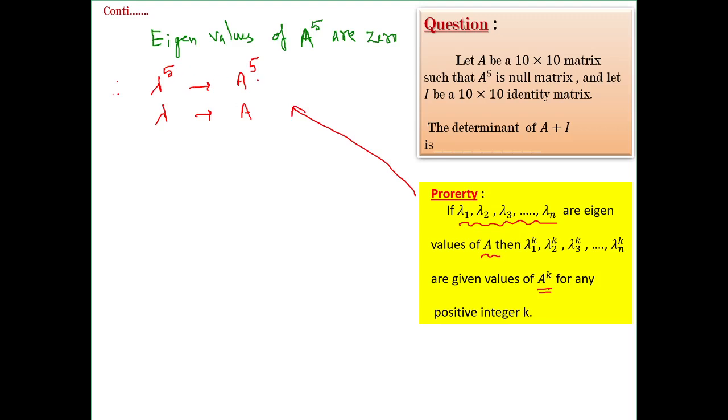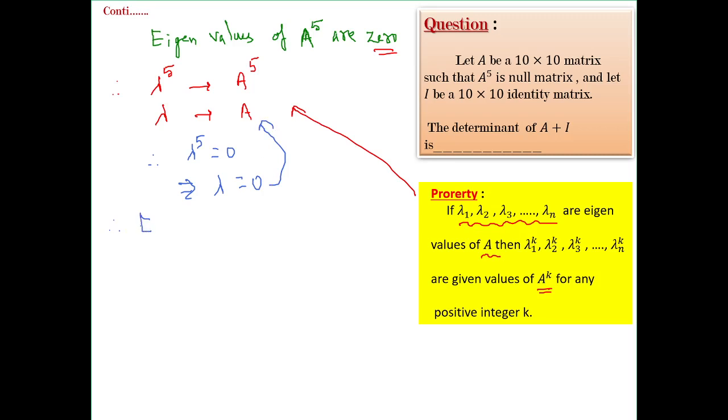But the eigenvalues of A power 5 are zeros, as we just found. So lambda power 5 is 0, which implies lambda is 0. But lambda is an eigenvalue of A, so indirectly we got the eigenvalues of A also.